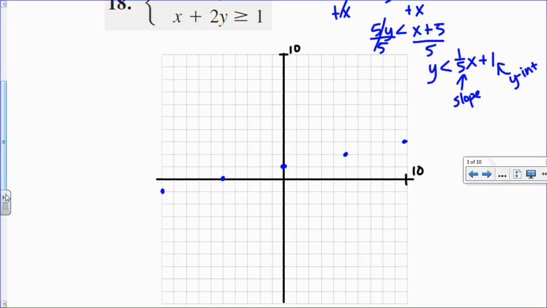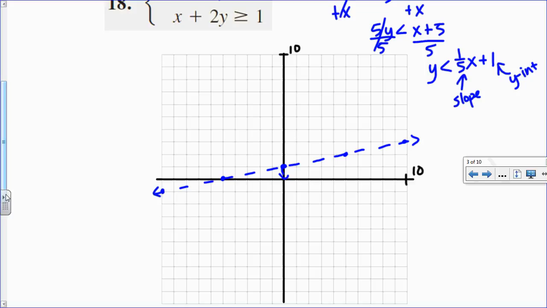Will this line be solid or dashed? Dashed. Good. Now let's think about the shading. Will I shade on the side of the line that's above or below the y-intercept? It's less than, so I'm going to shade below.